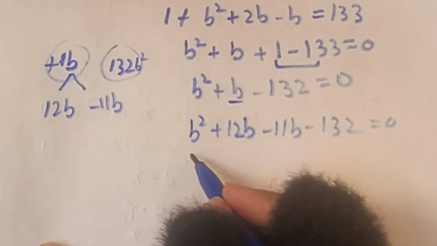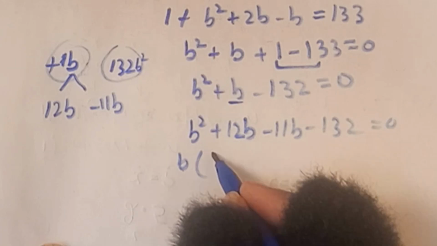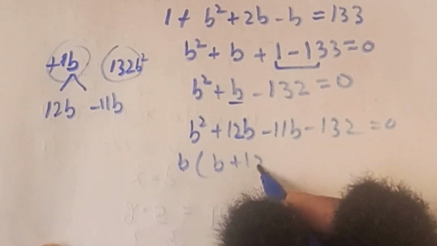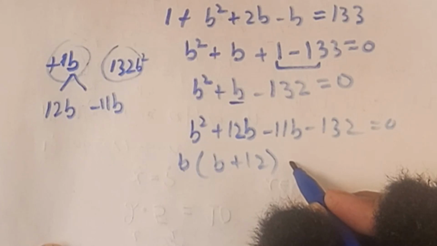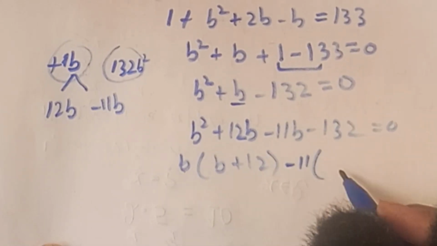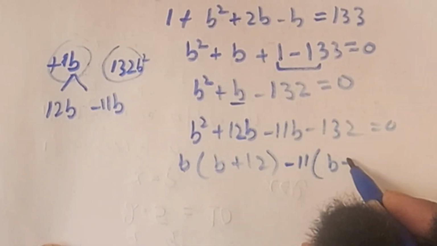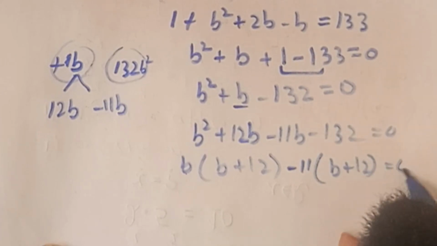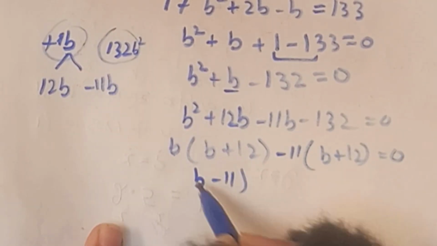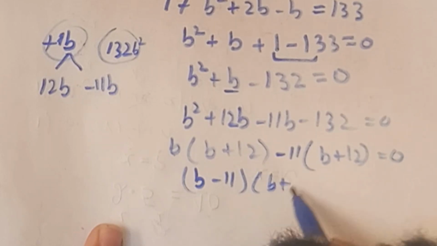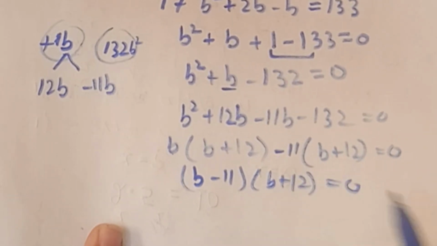Now b is involved in these two terms, so we factor it out. The remaining value is (b + 12), and −11 is involved in these two terms, so we factor it out. So it's −11, and the remaining value is (b + 12), equal to 0. We write this as (b − 11)(b + 12) = 0.